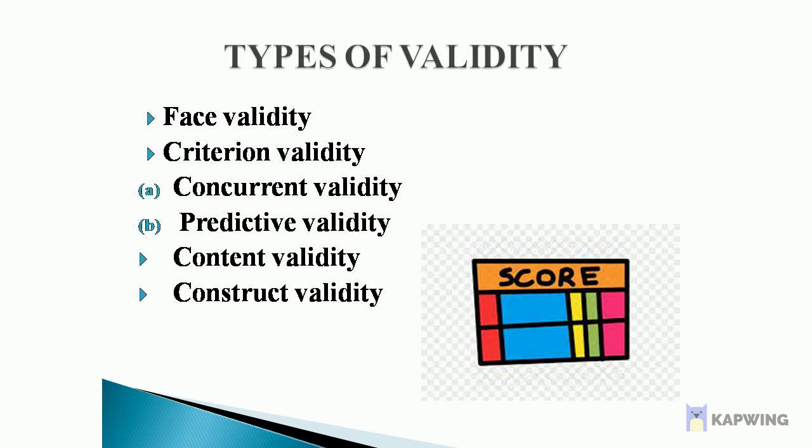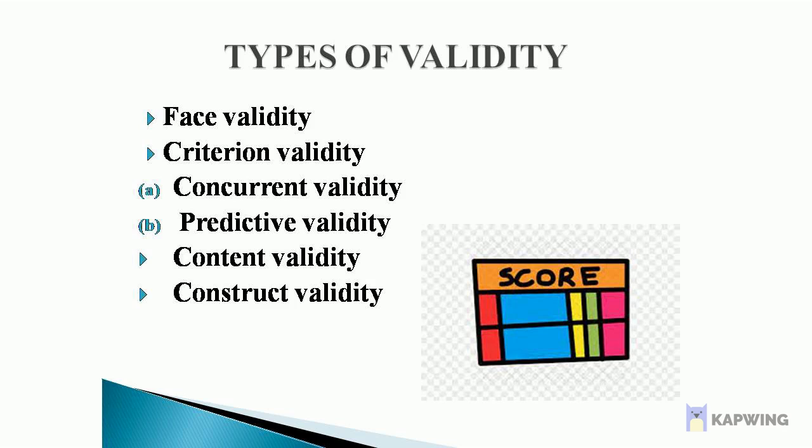Content validity is also a type of validity. It assesses whether a test is representative of all aspects of the construct. Construct validity. Construct validity is the last type of validity. It is about ensuring that the way of measurement is the same as the construct you want to measure.